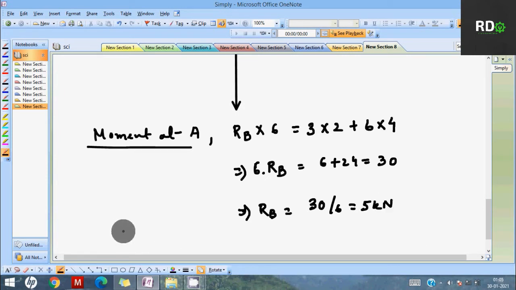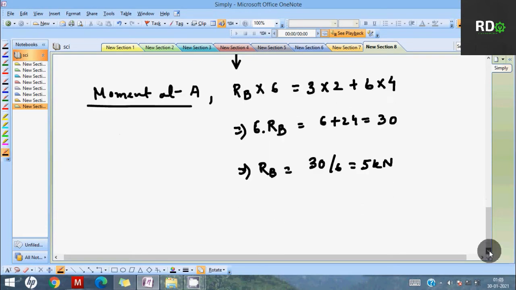If RB is 5 kilonewton, the two reactions, RA plus RB, are supporting the two point loads, the 3 kilonewton and the 6 kilonewton point load. Just look at the diagram and you will see that the two reactions are supporting the two point loads, so upward forces equal downward forces.